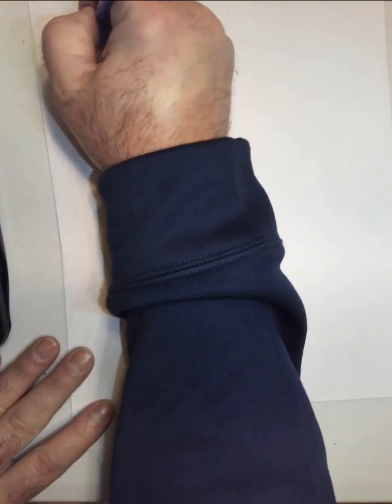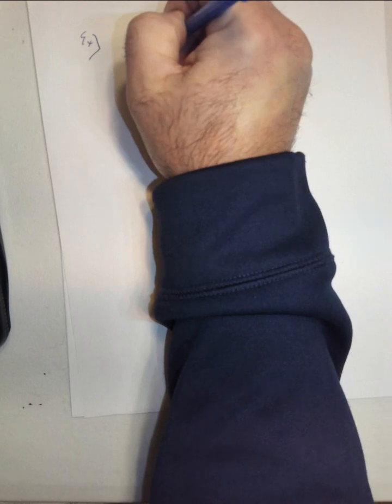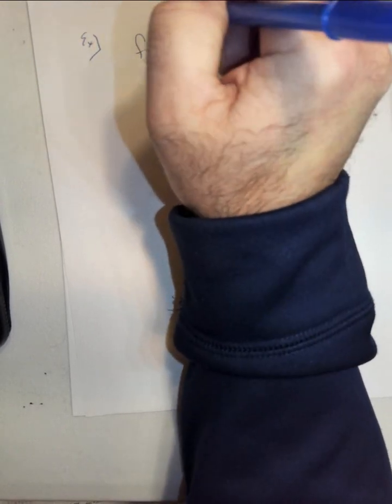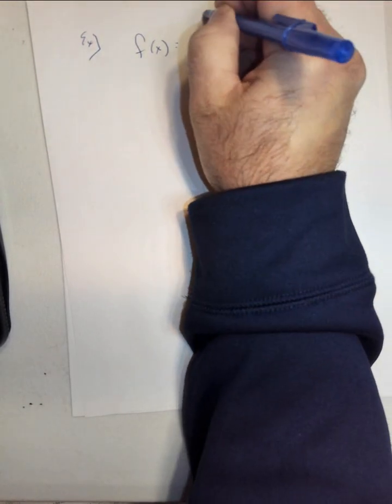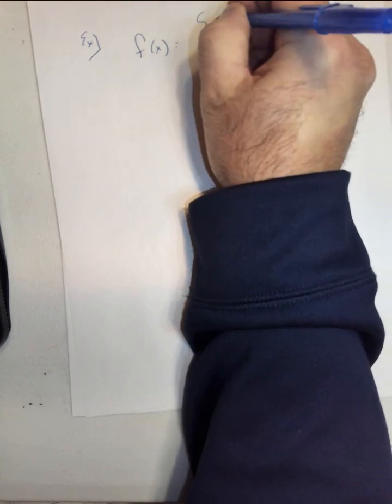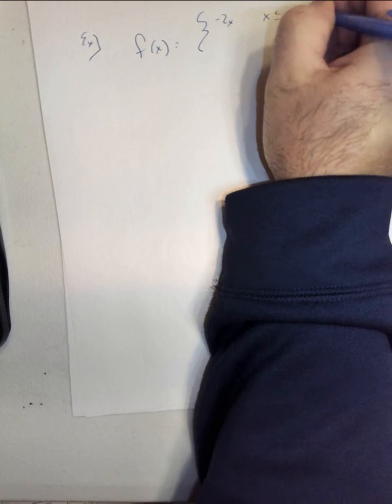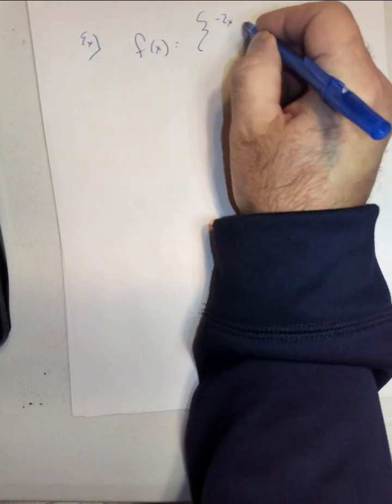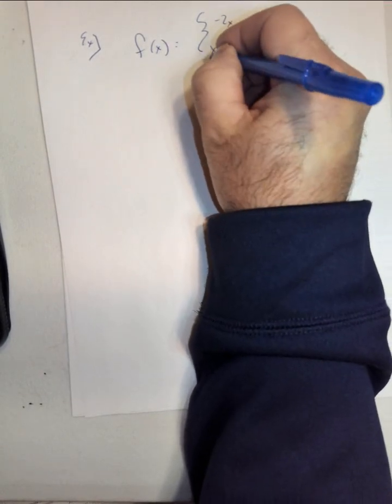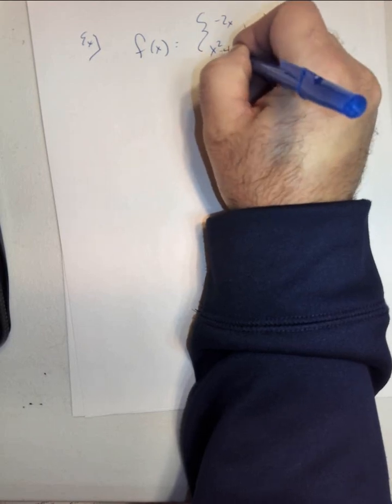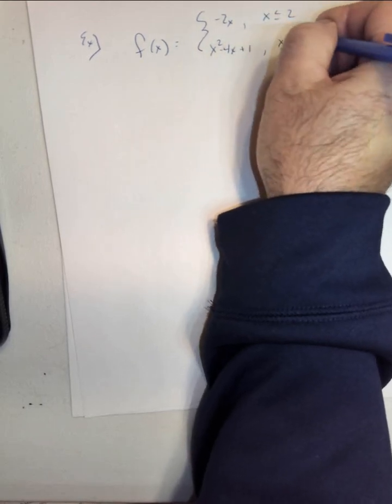All right. Last example here. Let's say we got a piecewise function where it's negative 2x when x is less than or equal to 2, and x squared minus 4x plus 1 when x is greater than 2.